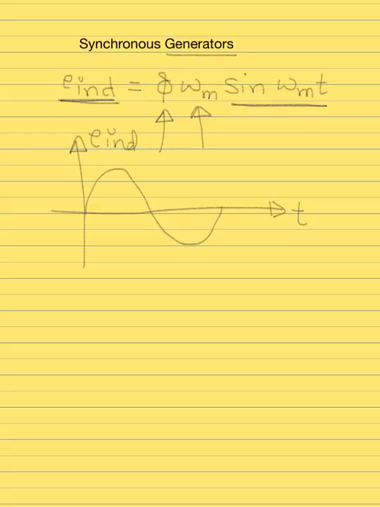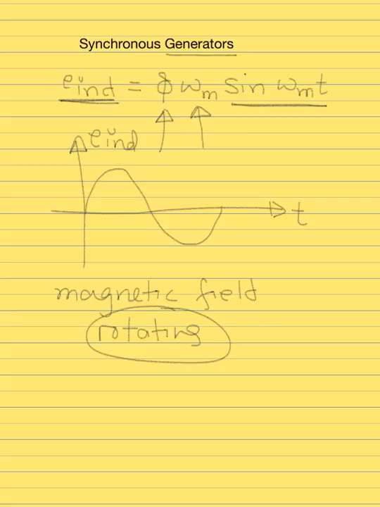The only difference is that in a synchronous generator, the magnetic field is not stationary, it is rotating. So the magnetic field is of rotating type. How is this produced? You use a field winding of the synchronous alternator, and this field winding is fed from a DC, which is a constant source of power.